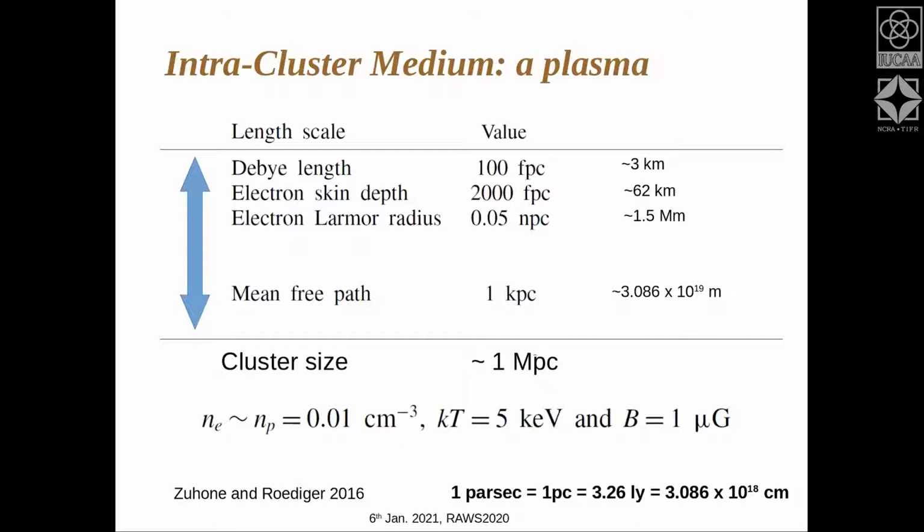This comparison tells us already that in such a plasma, physical phenomena are going to be governed to a large extent by this very weak magnetic field, because the particles are going to follow it. That is one aspect of this medium, and this is also important for radio astronomy. Therefore, I have emphasized it a little bit over here.